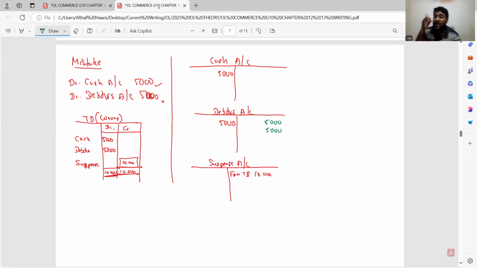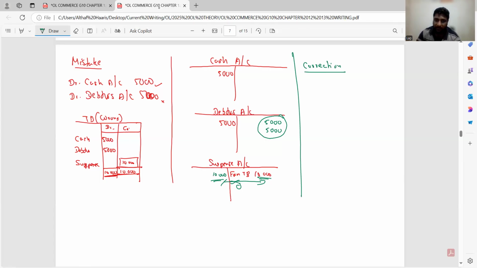Then where is the correct 5,000, the real reduction? So in total, you have to credit 10,000, and debit suspense 10,000. So you see 10,000 to 10,000 getting cancelled off. Suspense is 0.